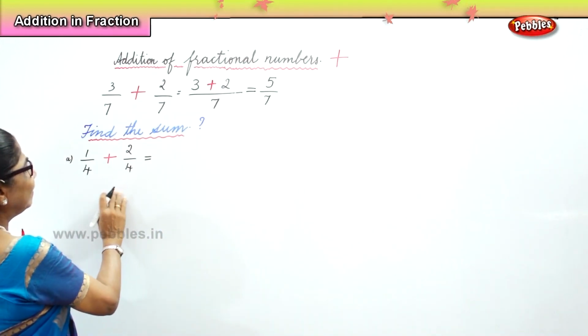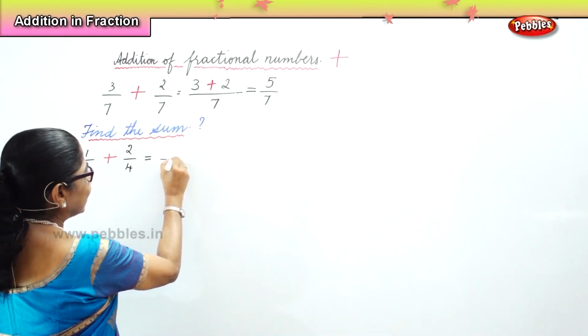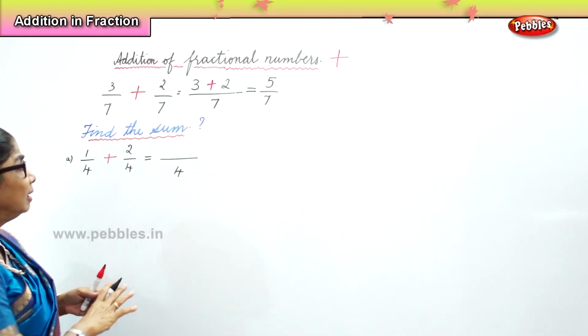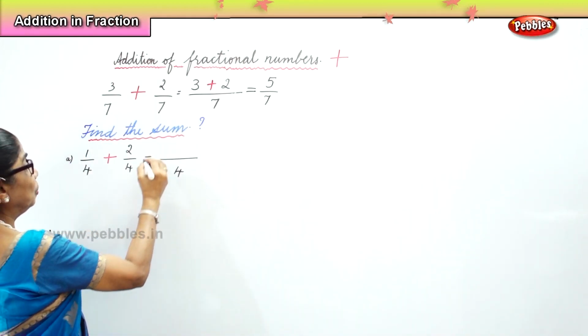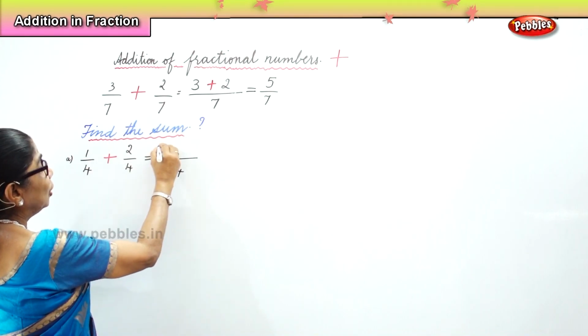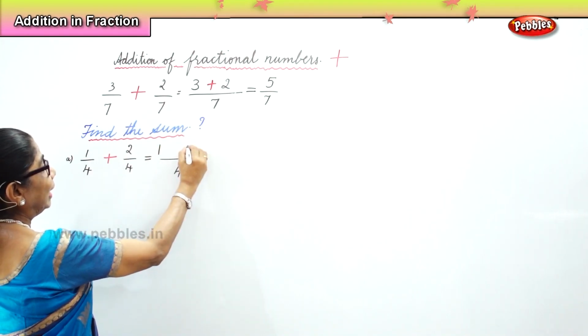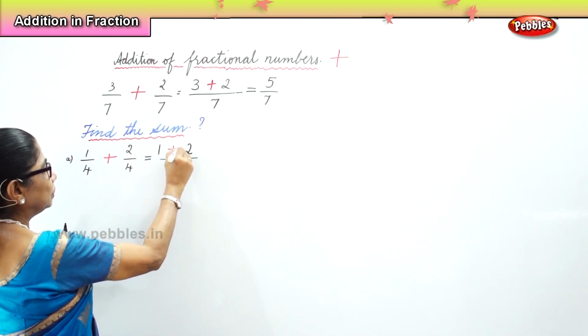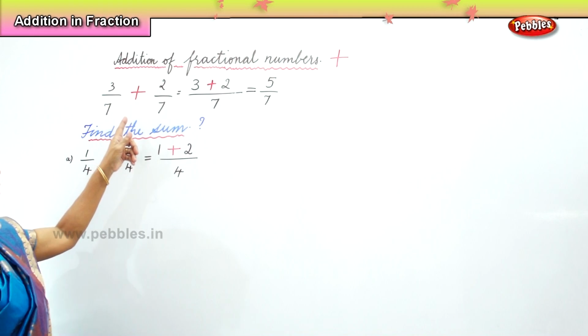When we have the denominator same, you simply put the denominator, you add only the numerator. What is the numerator? You have 1 plus 2. What did we learn?